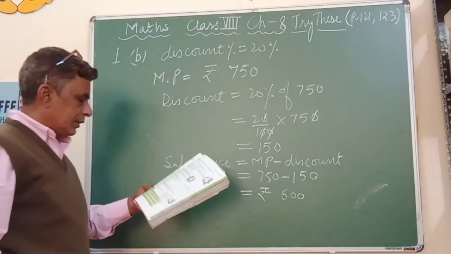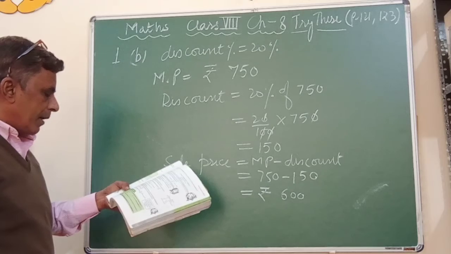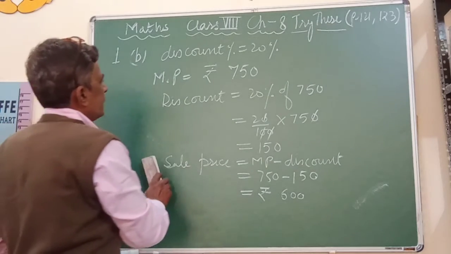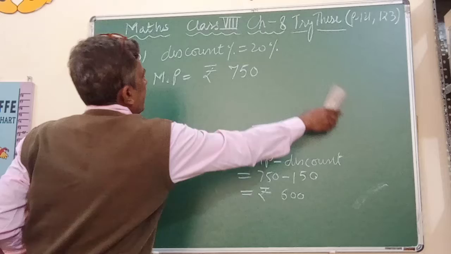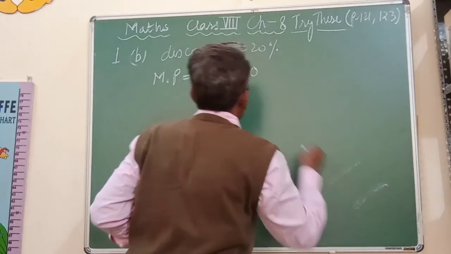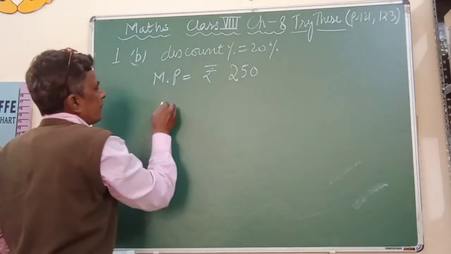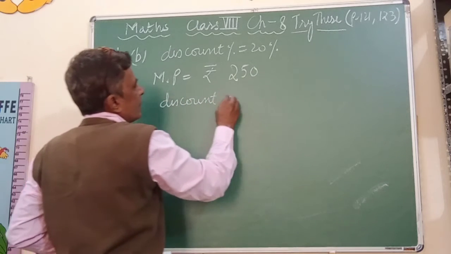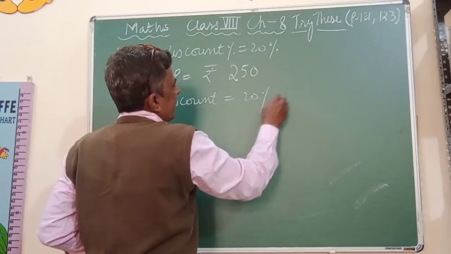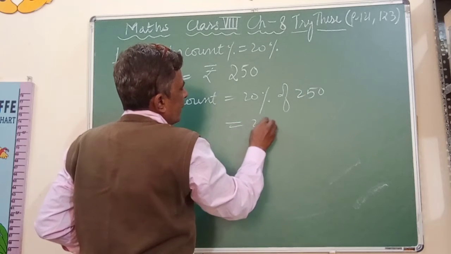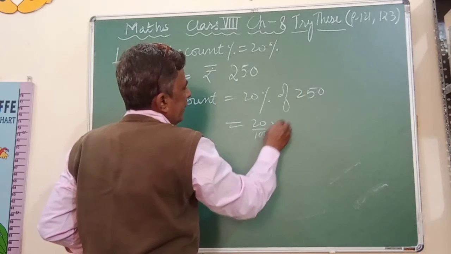Now we proceed to the third part. In third part, the mark price is 250. MP is rupees 250. Discount, 20% of 250. 20 upon 100 into 250.